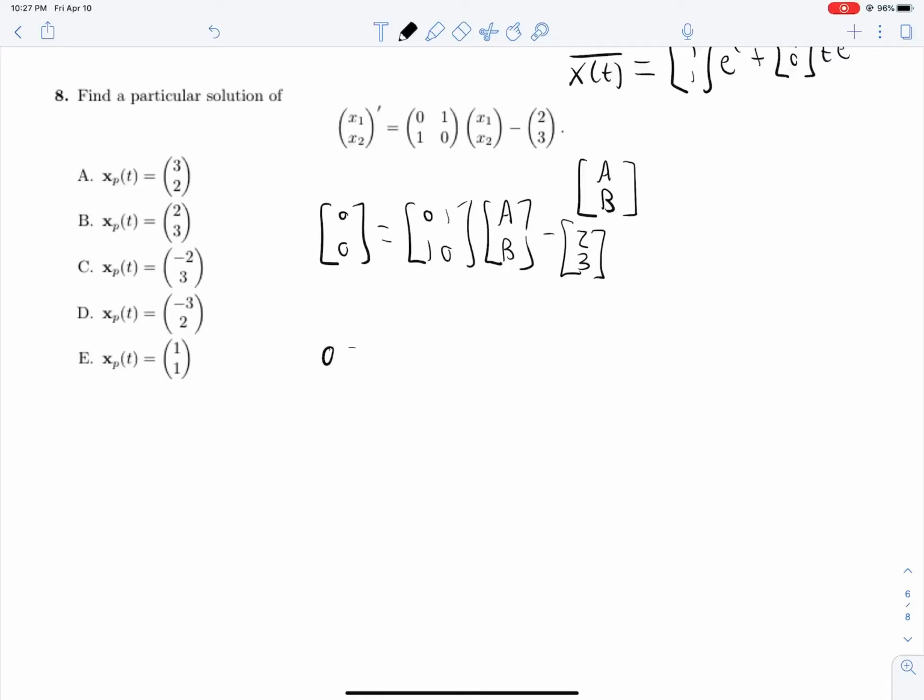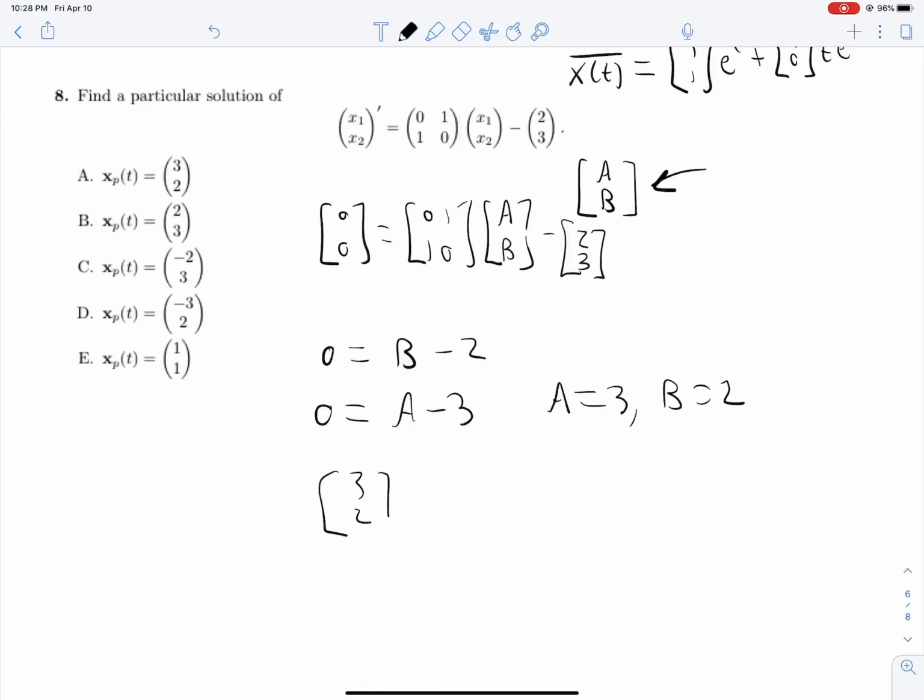We have 0 is equal to b minus 2, and 0 is equal to a minus 3. So we see that a is equal to 3, b is equal to 2. And so our solution vector that we originally guessed, a, b, is actually 3, 2. So A is our answer.